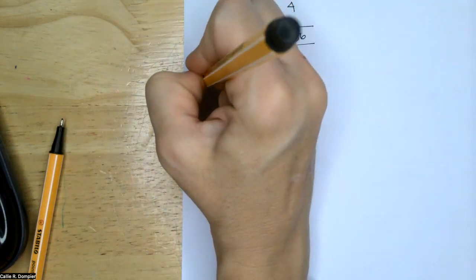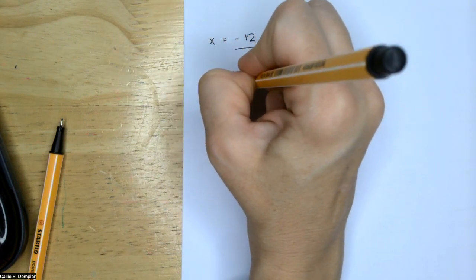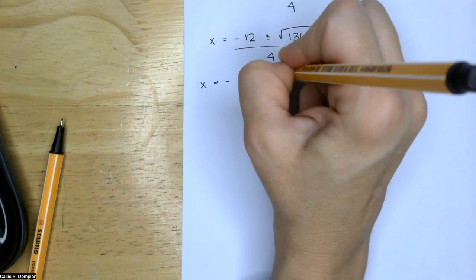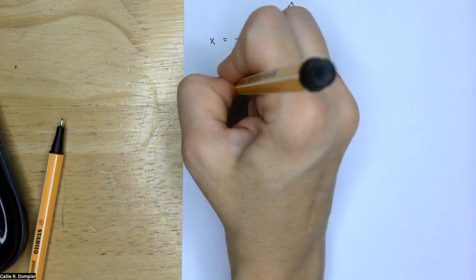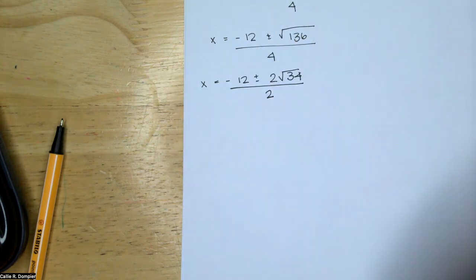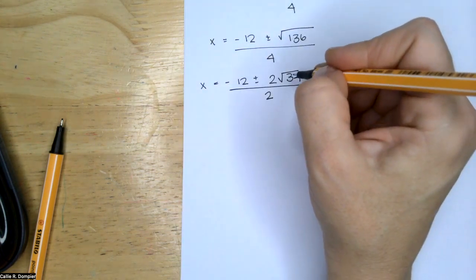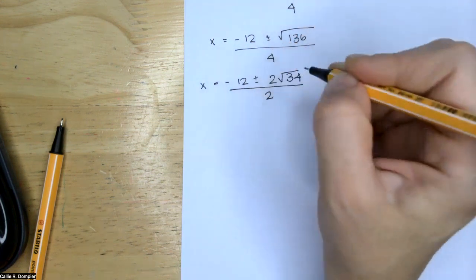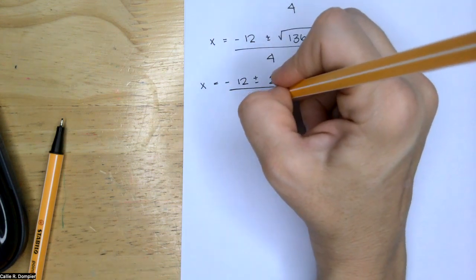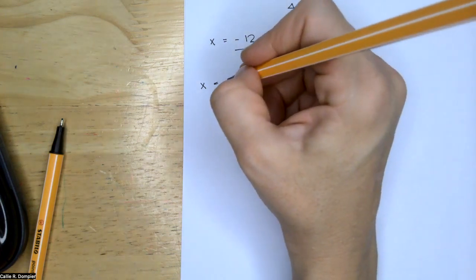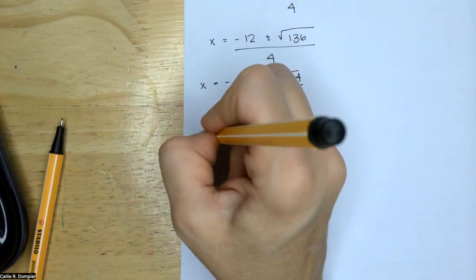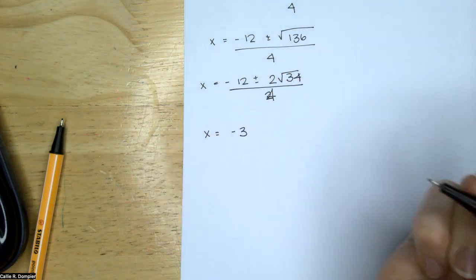Let's replace that. Good. Can't combine those like terms, so let's divide by 2. 12. Oh, sorry, this was 4. Whew. Negative 12 divided by 4 is a negative 3, right?